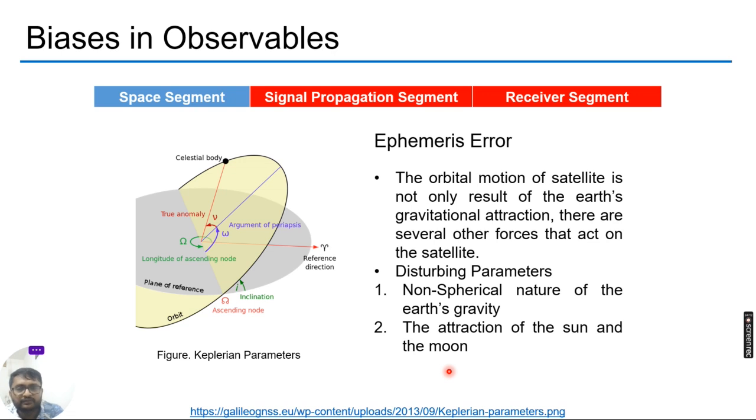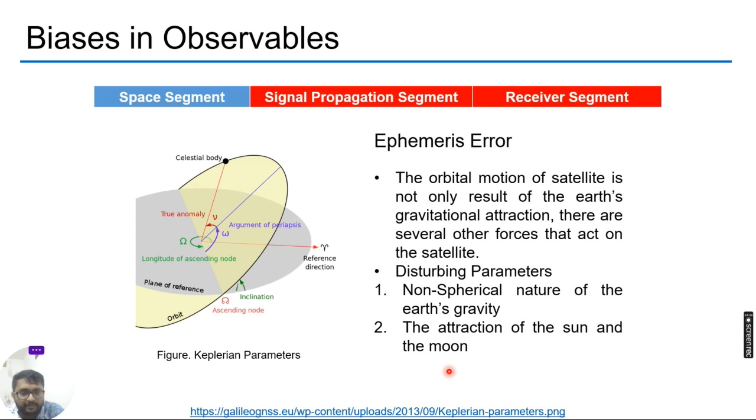The first errors are introduced in the space segment, and in that we have two errors: the satellite clock error and the orbital parameter error. The orbital parameter error is introduced because of the non-spherical nature of the Earth's gravity, because it is not the same at every point. If there is a change in gravity, the signal will see some variations and will reach early or late.